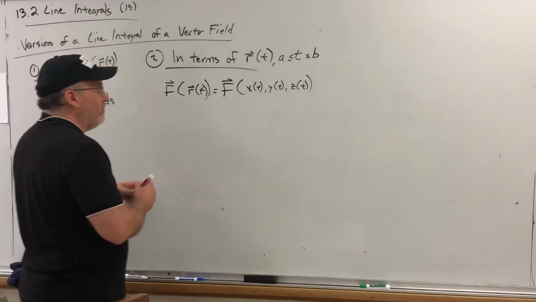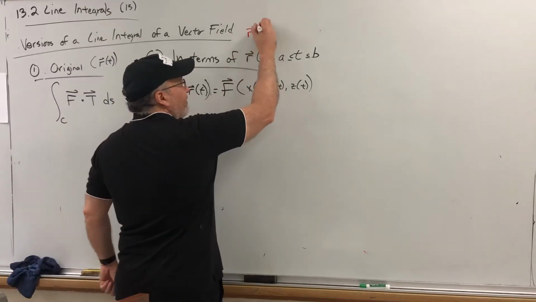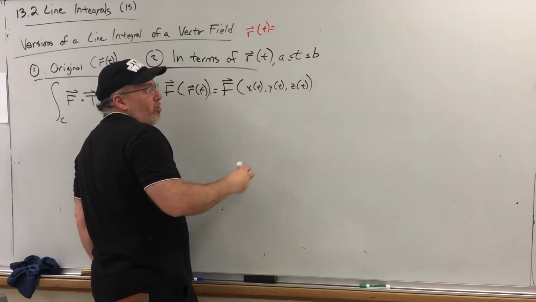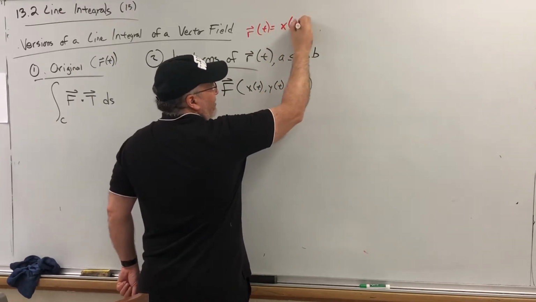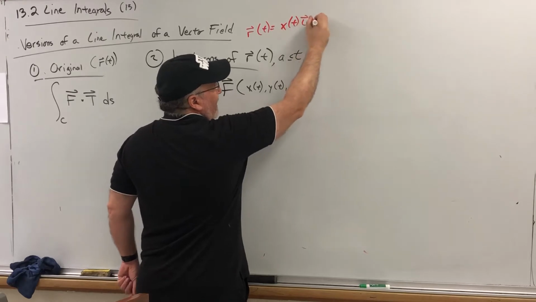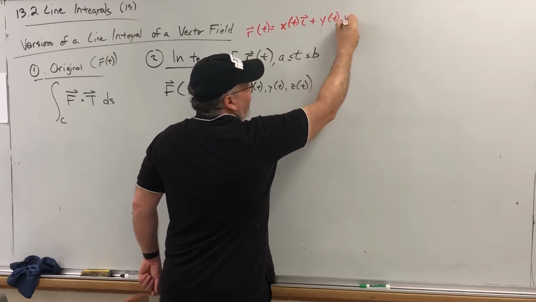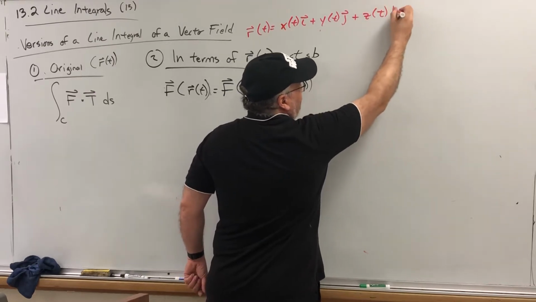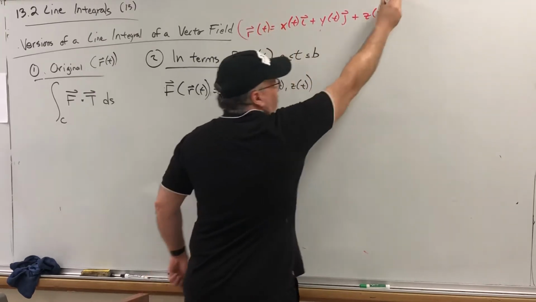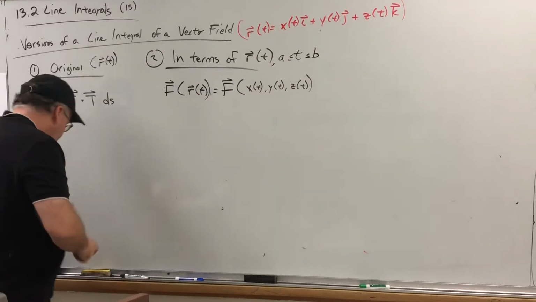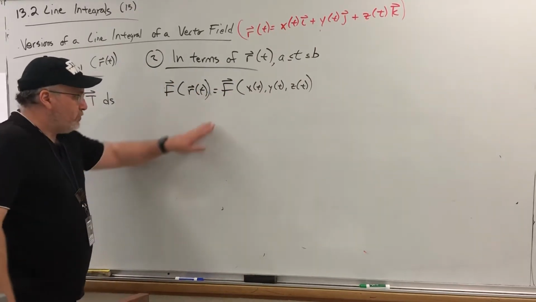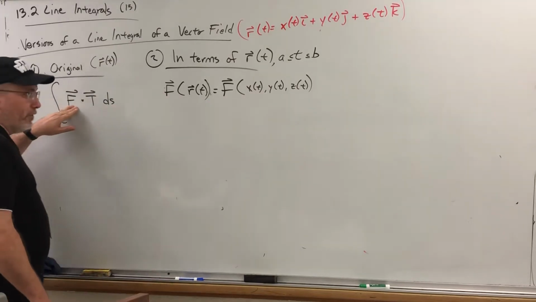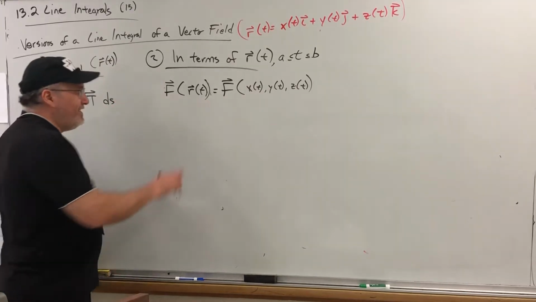We've written it in previous videos, but we haven't in this video, so I think it's worth mentioning that we are assuming that the position vector function r(t) is equal to x(t) as the component function of i, plus y(t) as the component function of j, plus z(t) as the component function of k. So we are still working under that assumption. All right, so this will give us our vector field, our force, if you will, as a function of t.